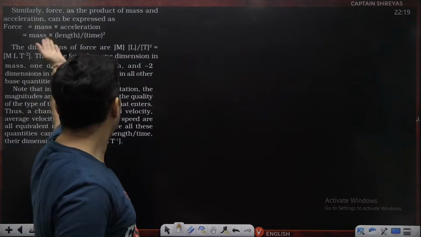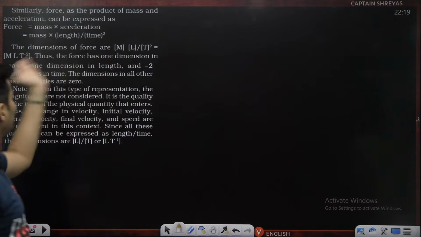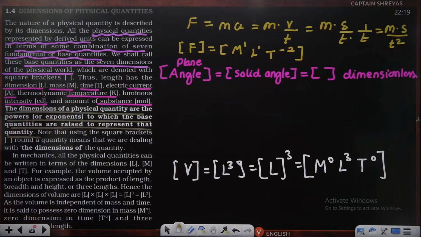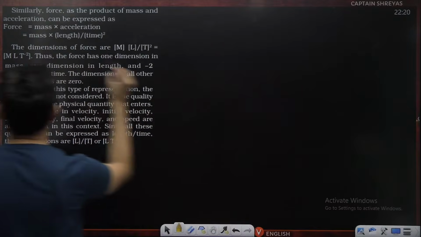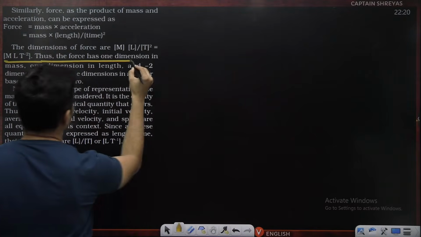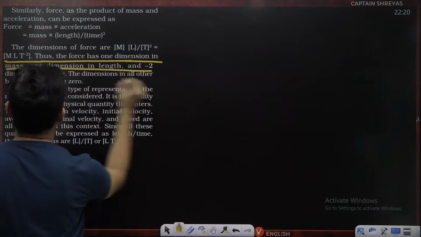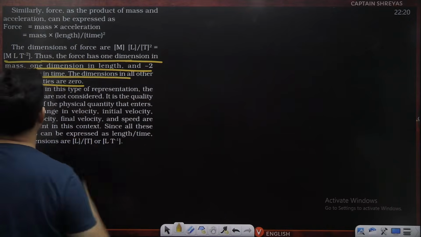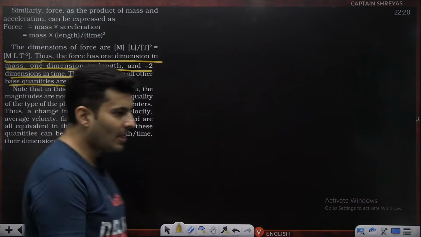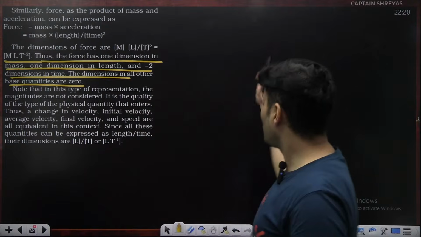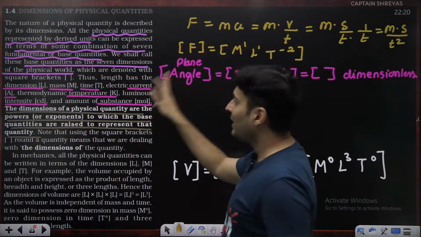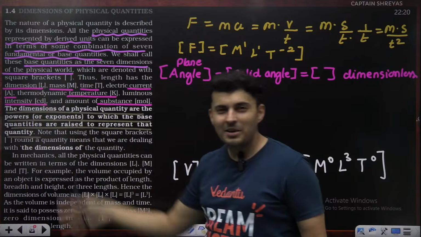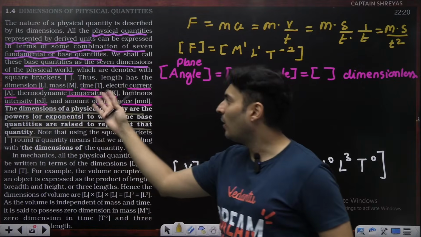Okay. So I think we did force also. The dimensions of force we just calculated in the previous example: M raised to 1, L raised to 1, T raised to minus 2. We have just done this particular example in the previous slide. All right. Amazing. So force is not dependent on temperature, luminous intensity, mole, or even current.